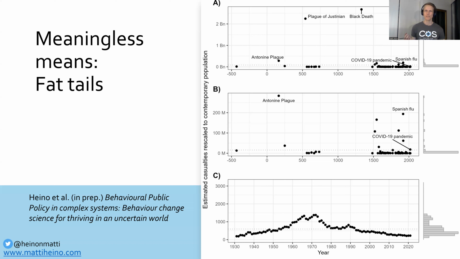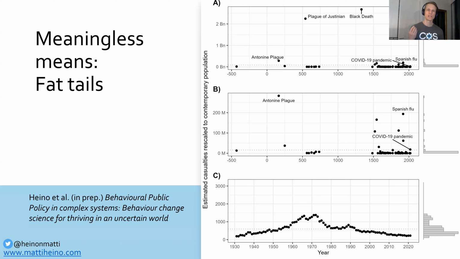Whereas with the pandemics, it's quite clear and intuitive even that it's very possible for there to be an event that causes 100 or 1,000 or 10,000 times more casualties than a typical event.